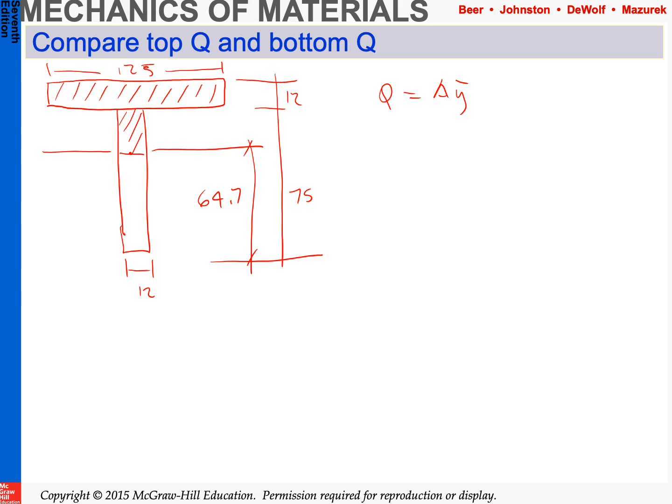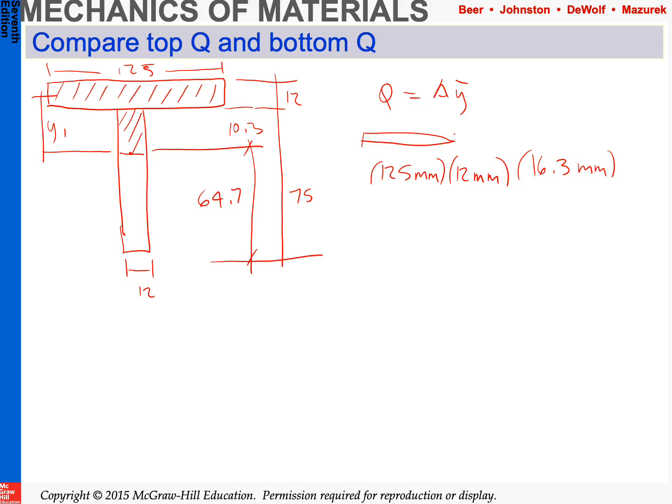So for our top skinny part, A is 125 by 12 millimeters, and the Y bar for that particular case, we'll call it Y1, is 16.3 millimeters. Basically this here is 10.3 to give us our 75 and then half of 12.